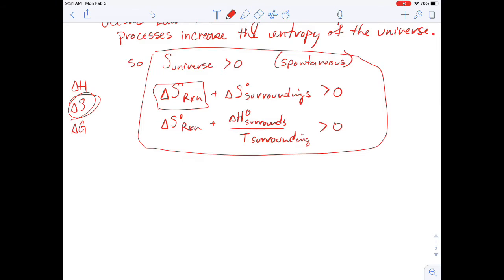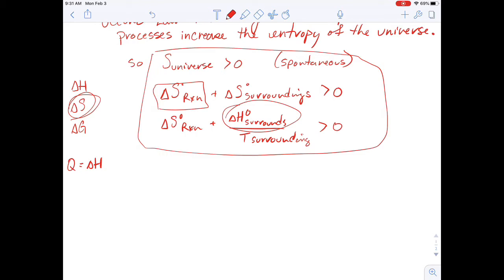But this concept's a little bit tricky. So keep in mind that the enthalpy of a reaction is related to the enthalpy change of the surroundings. When we were studying it, we said the energy change is equal to the reaction enthalpy.